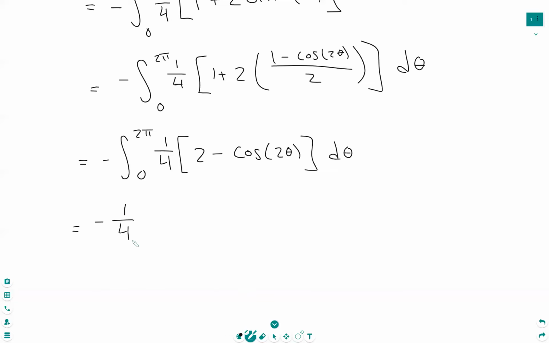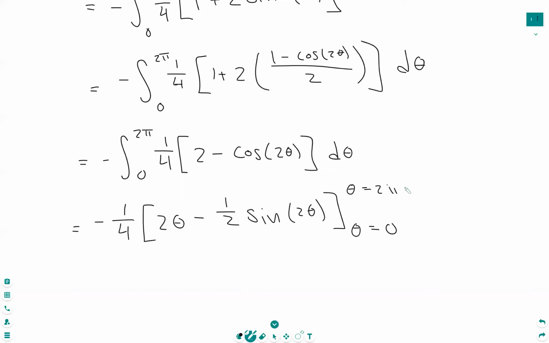We have a negative 1/4 [2 theta minus 1/2 sine of 2 theta], theta equals 0 and theta equals 2 pi. This just gives us negative pi.